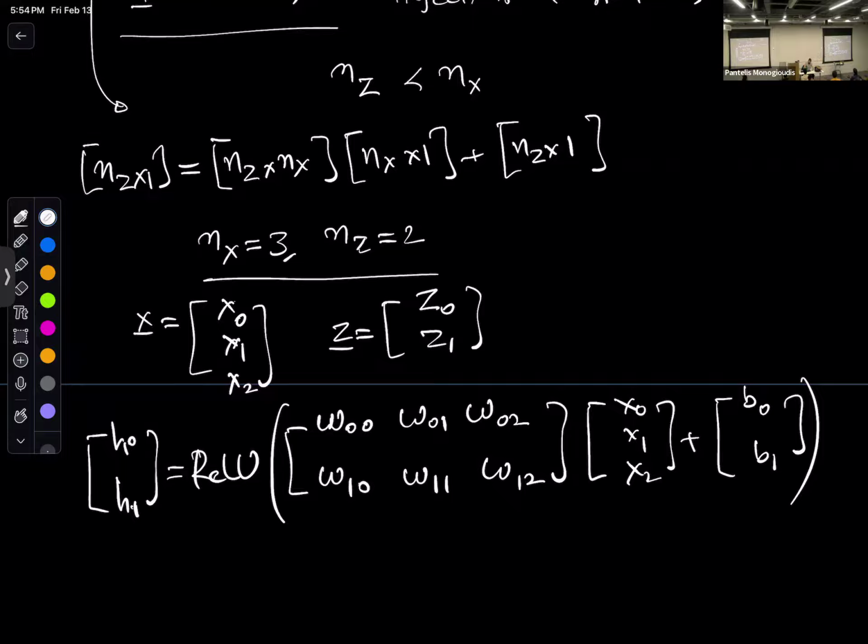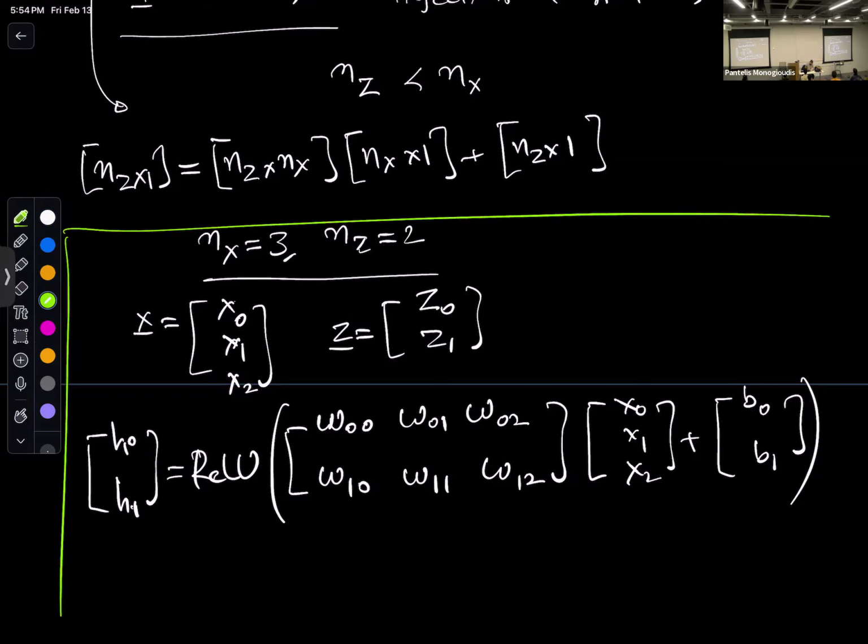Let me write also what's happening here before we go to the specific example. So this is like an example. I didn't finish this dimension, so I have NH by 1 vector would be the ReLU of NZ by 1. I ran out of space.